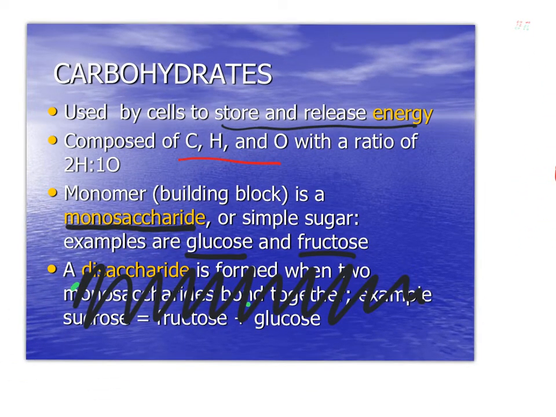So what we want is an example of monosaccharide. You're going to look at glucose and fructose and galactose and ribose. All these sugars are only made of 1. Mono means 1. So 1 sugar, one molecule of this stuff, 1 monomer.